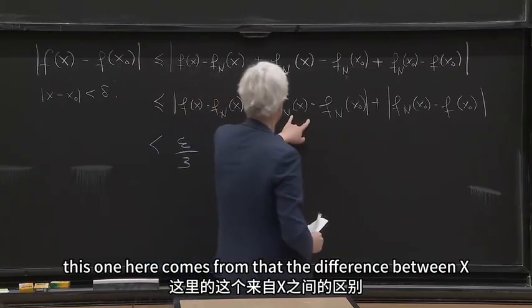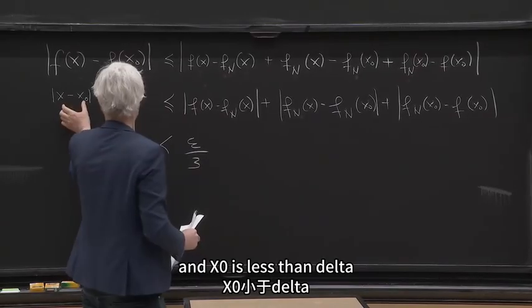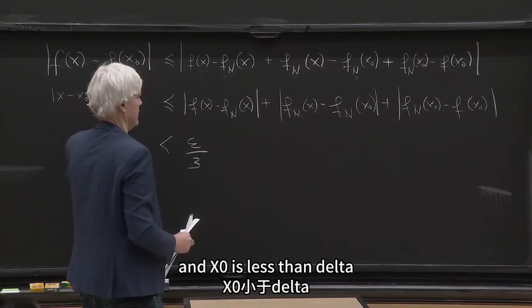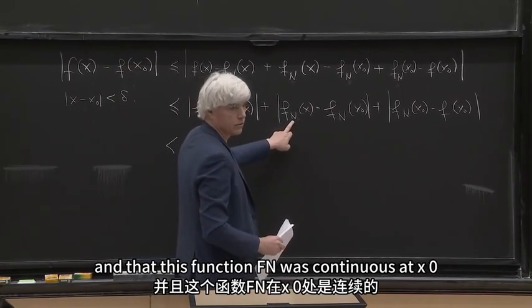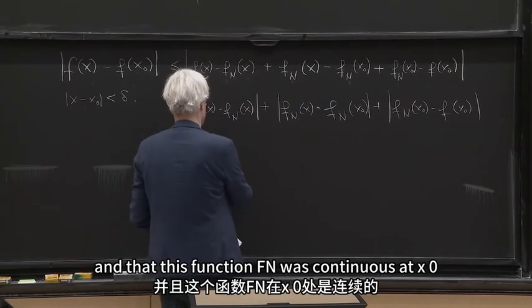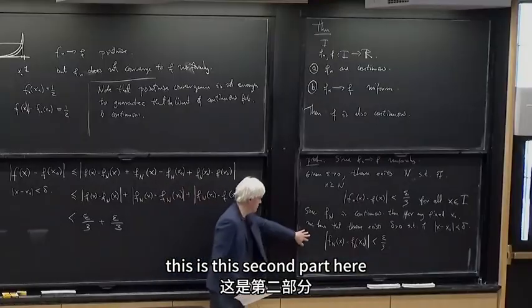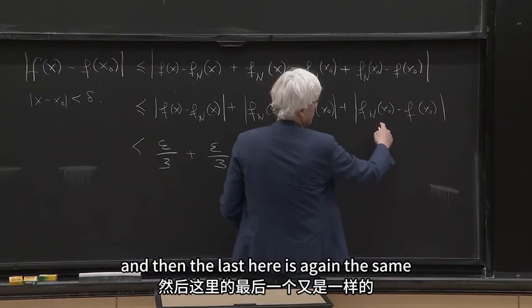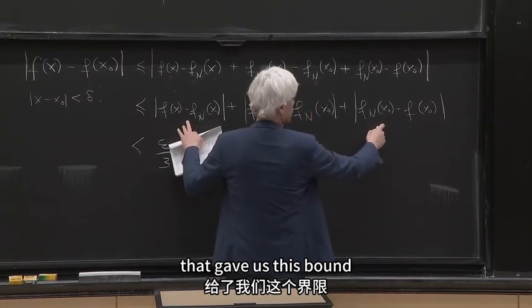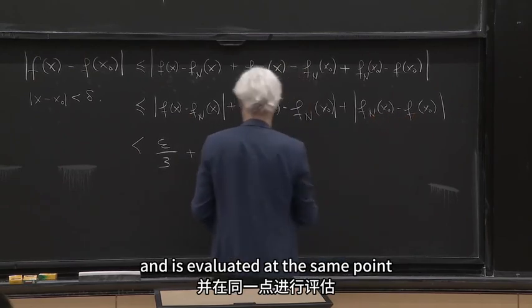This one here comes from the fact that the difference between x and x0 is less than delta, and that this function fn was continuous at x0. So this is another epsilon over 3. And then the last one gives the same bound, namely that the convergence was uniform and is evaluated at the same point.